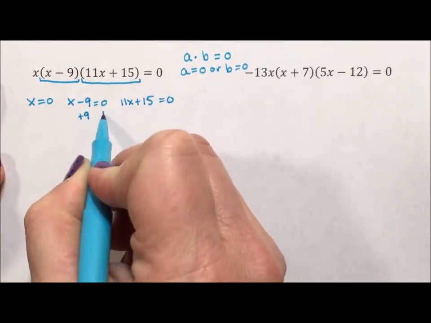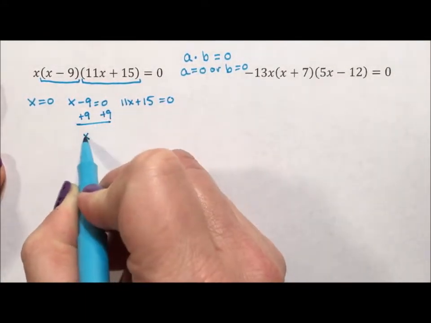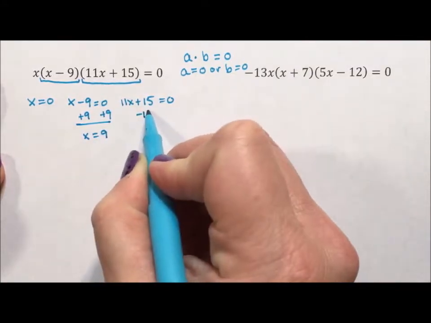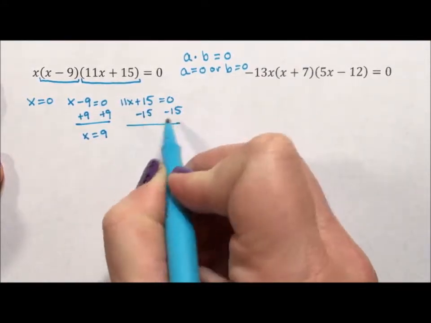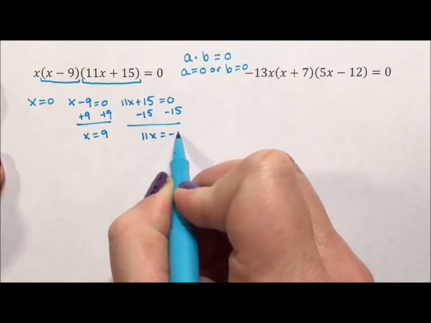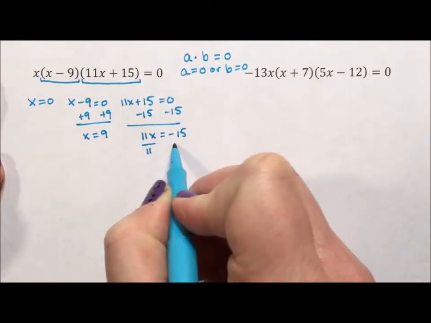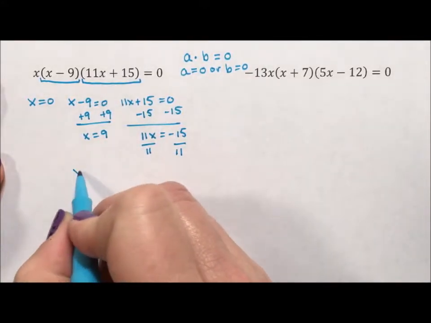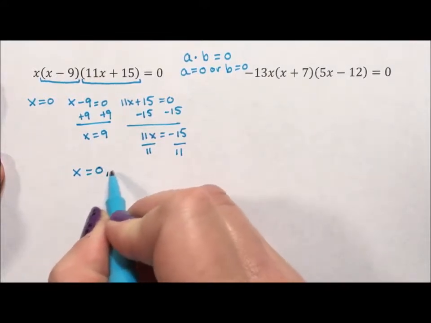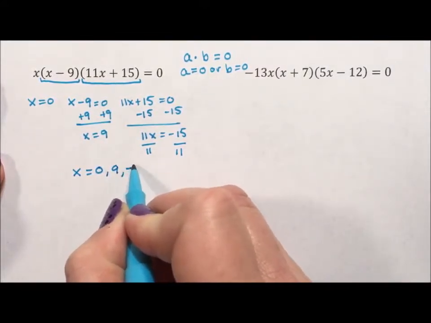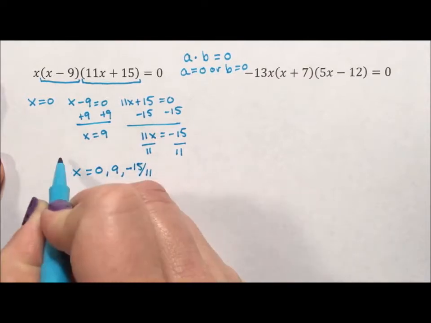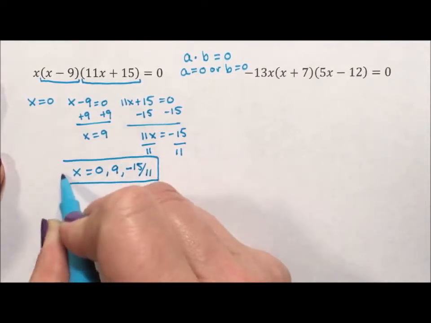So I add 9 to both sides on this one. I subtract 15 and then divide by 11, and I find out that x is equal to 0, 9, or negative 15 elevenths.